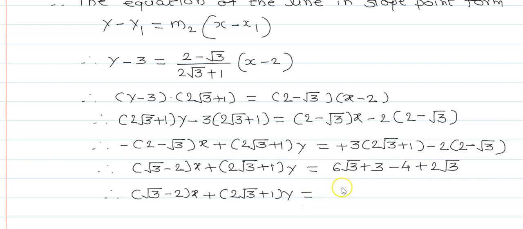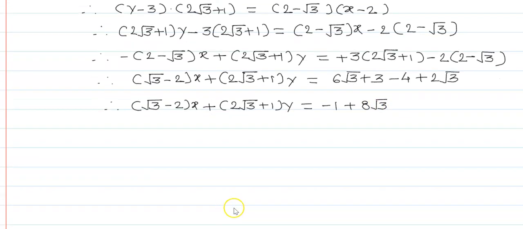Now the next simplification, what is that? 6 root 3 plus 2 root 3, that will become 8 root 3. 3 minus 4, it's a minus 1 plus here 8 root 3. Okay, now this is the first equation.